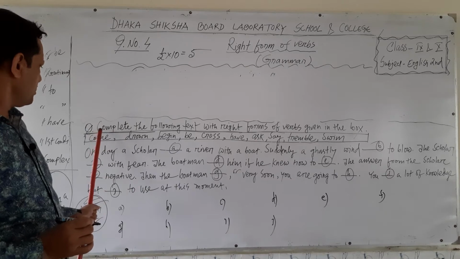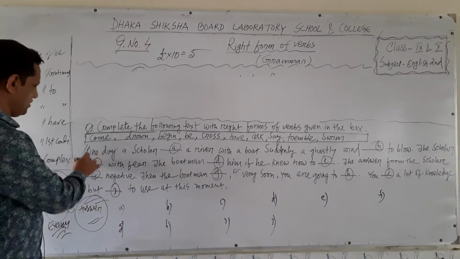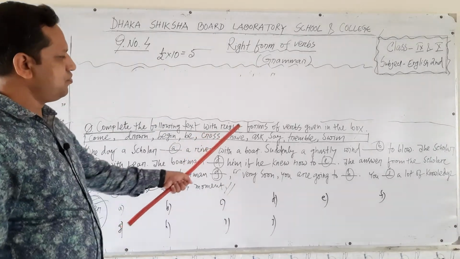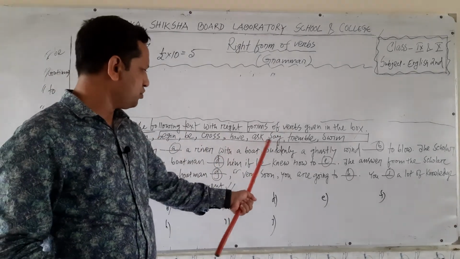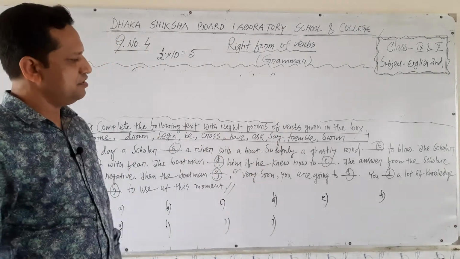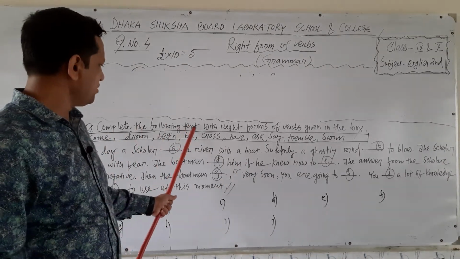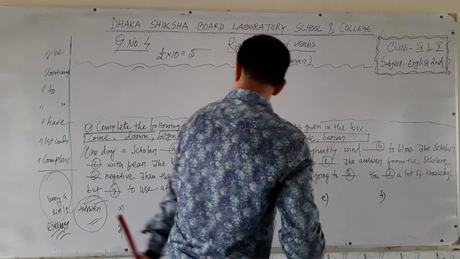Here the question is: complete the following text with the right form of verbs. There are verbs and you have to choose the right form of these verbs in the gaps of the passage. So, complete the following text with the right forms of verbs given in the box.